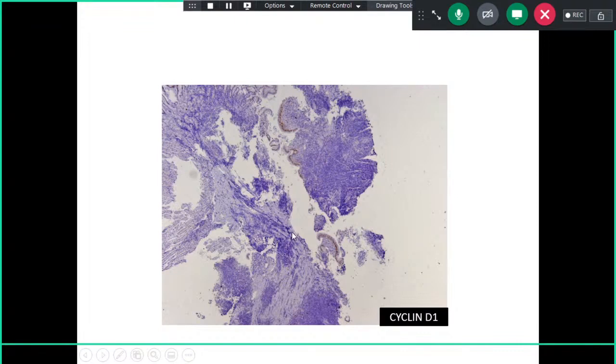So basically in marginal zone lymphoma you find all markers are negative except CD20, because it is a B cell, so CD20 will be present. But the disease-specific markers, like CD10 and BCL6 in follicular, will be absent here. CD5, cyclin D1, CD23 all absent, or sometimes you may find CD5 or CD23 one positivity but not in combination.